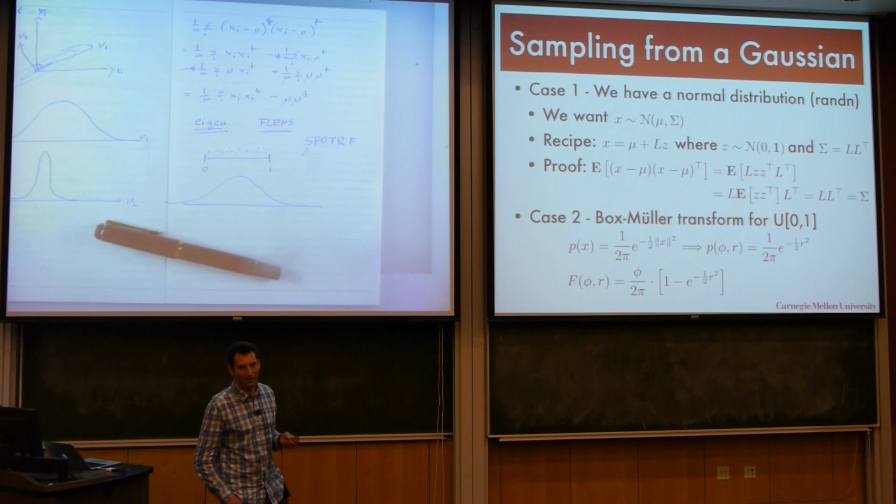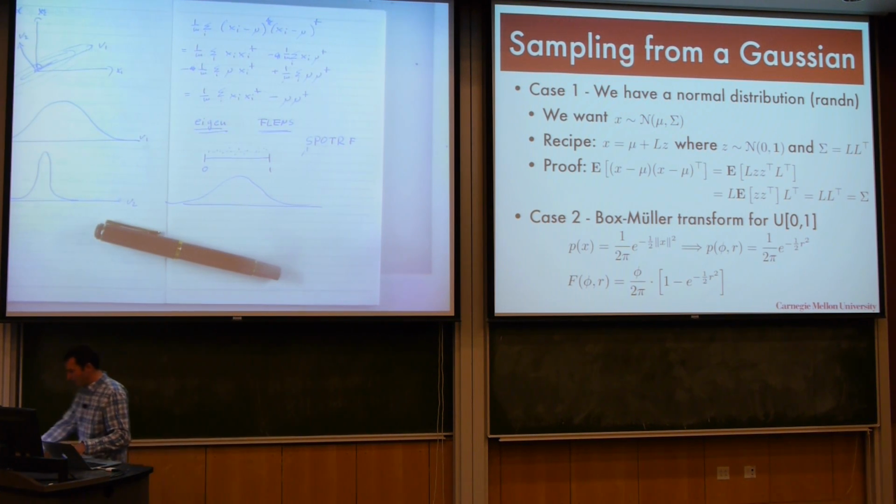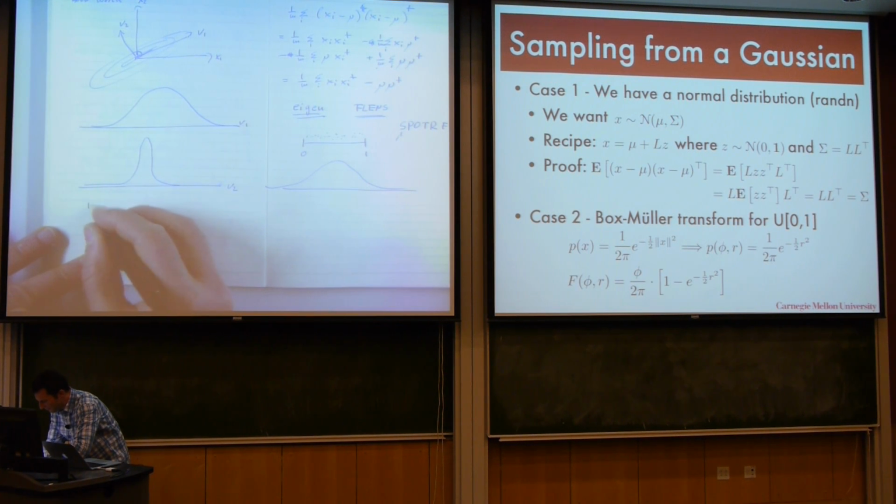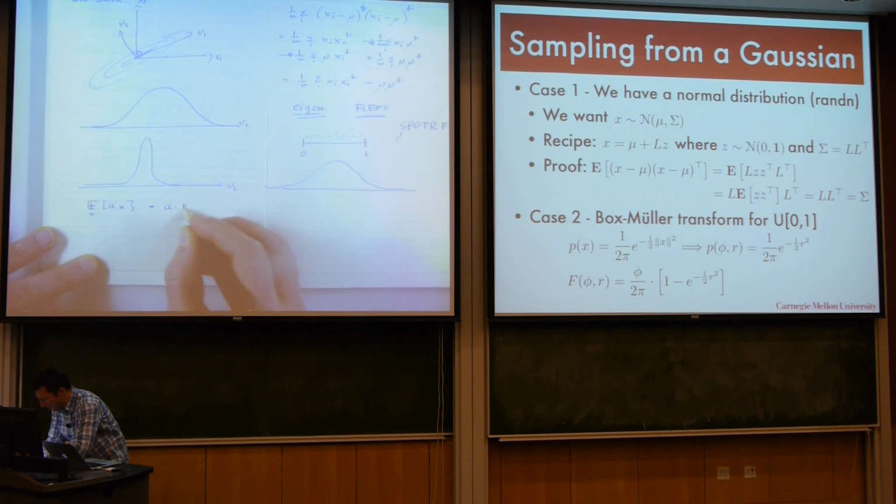That's the reason. So in other words, if I have the expected value of AX, and A is a scalar, then this is, as we all know, A times the expected value of X.